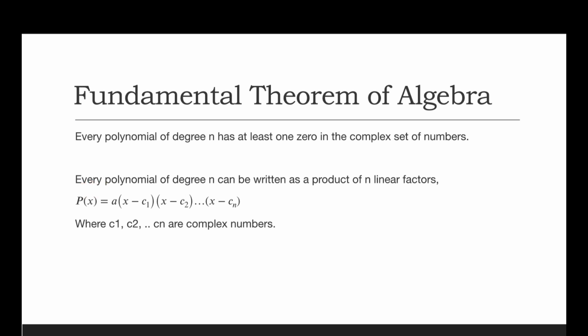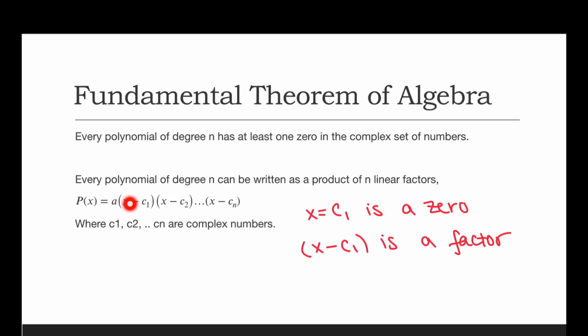The second part says every polynomial of degree n can be written as a product of n linear factors. So if you have a fourth degree polynomial, something with an x to the fourth, you will get 4 linear factors. And your factors are always going to be of the form x minus c1, x minus c2, etc., where c1, c2, etc. are complex numbers.